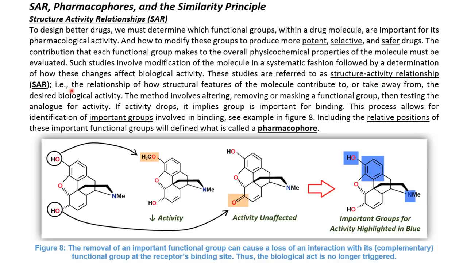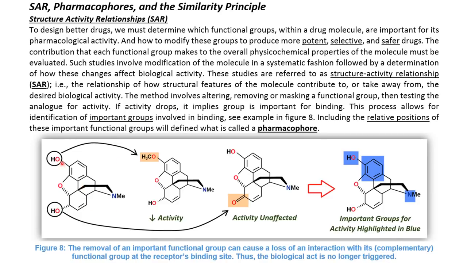We have seen this in an example in the previous session, where we have a molecule and we change the functional group, either alter it, remove it or mask it, and then see the effect of that on the activity. Based on the results we can decide on the important functional groups. Once we know which functional groups are important, if we identify their relative positions in space, we define what's called a pharmacophore.